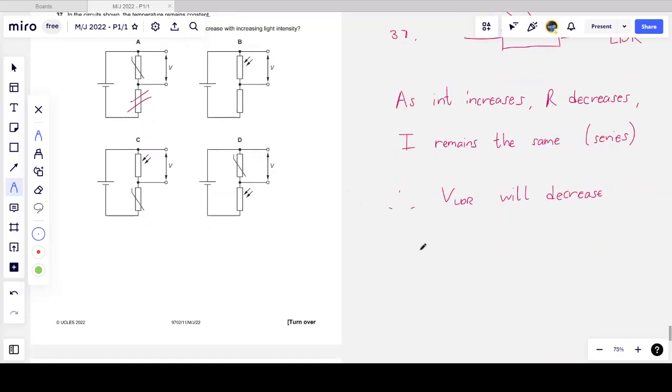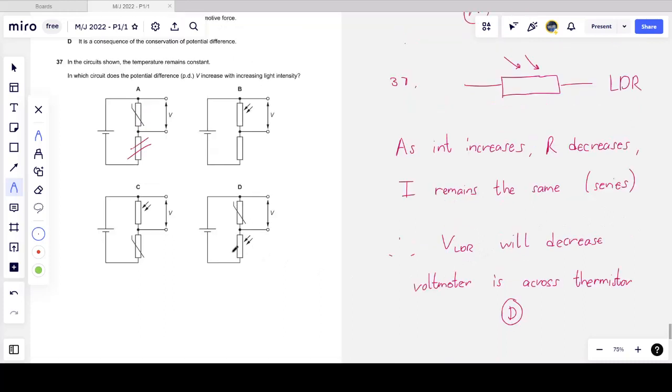So the only option we are left with is the option in which the voltmeter is across the thermistor, and that's option D. So the light intensity increases, which decreases the voltage across the LDR and increases the voltage across the thermistor, and so V increases, which is option D.